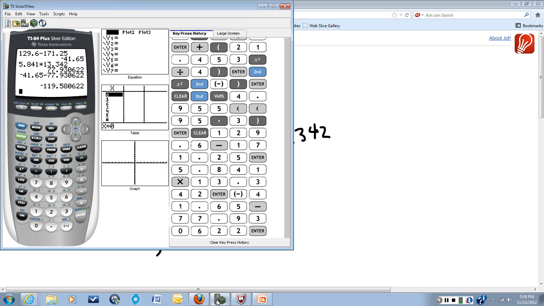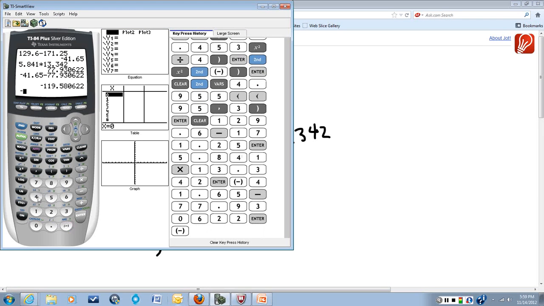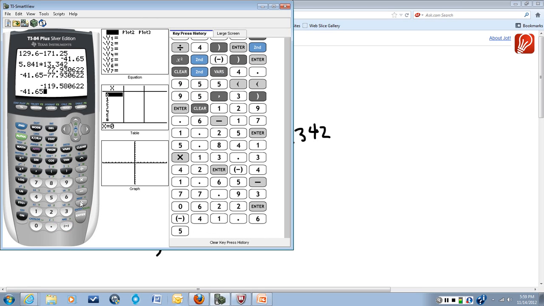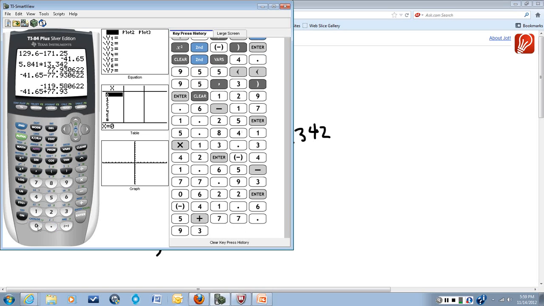To get the other end, we're going to take the negative 41.65 and we will add the 77.930622.